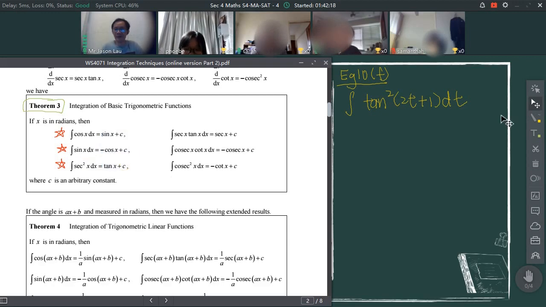So again, the square is only for secant square and cosecant square. So again, anticipate the use of formula. Yeah, so in this case, we are going to use a formula. What formula to use? Tangent square. You recall something? This one.